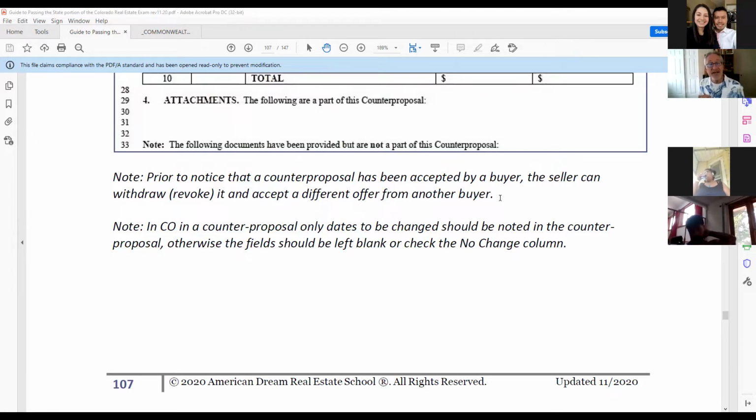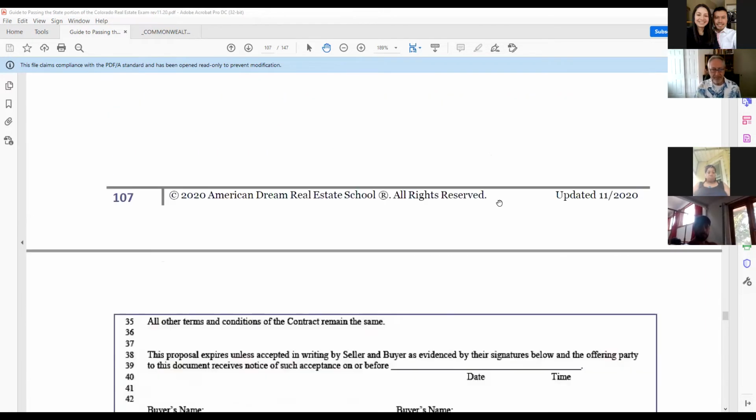So here's where the seller's agent's job is to communicate to the buyer's side, the buyer's agent, we're withdrawing that counter offer. Seller has now accepted another offer. Too late. Once that communication has happened, the buyer can sign that counter offer all day long. Nothing's going to happen because they were communicated to that it's been withdrawn. See how that works? Okay.